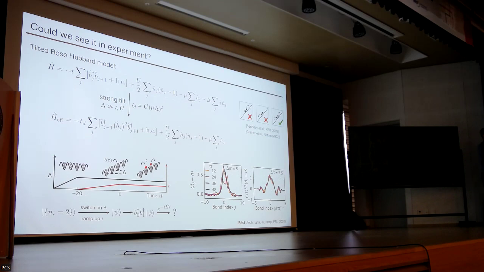I see. The second question is, if I look at the effective Hamiltonian, it seems like the Hubbard interaction can be scaled out more or less completely, because t_D is proportional to U and the other coupling is also proportional to U. What does that mean? Does it mean I can tune U down to 0 because the physics is still the same? Well, in principle, to first order, that's true.